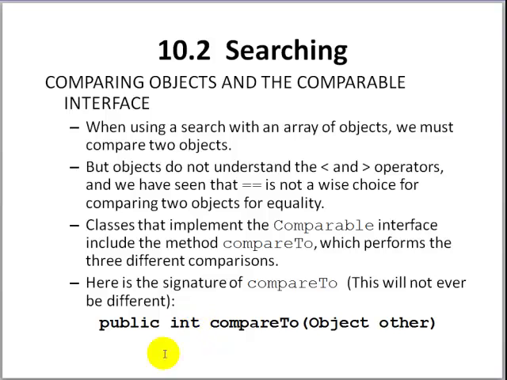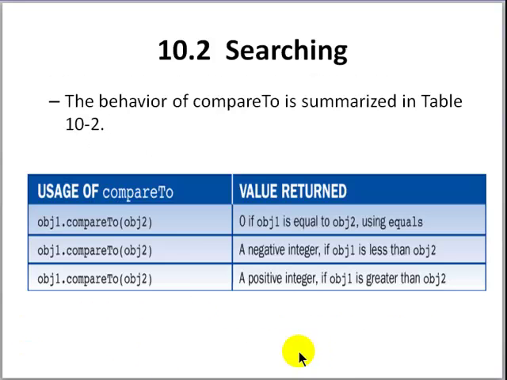Now, what is the value of that int? If the left-hand side object, the object that is invoking it, is compared to the object that is passed, so I'll call this the left-hand side and the right-hand side. Basically, if the left-hand side is less than the right-hand side, you return a negative integer. It does not need to be -1.